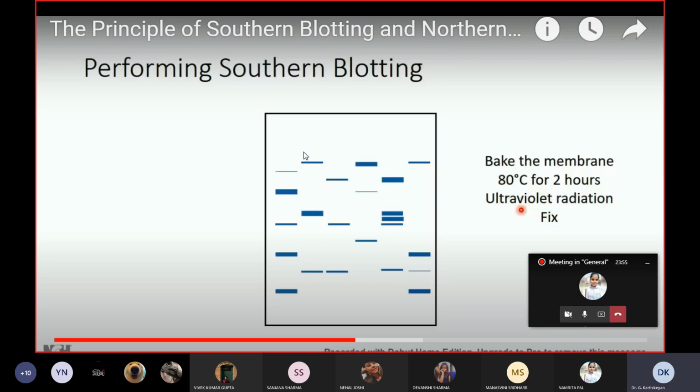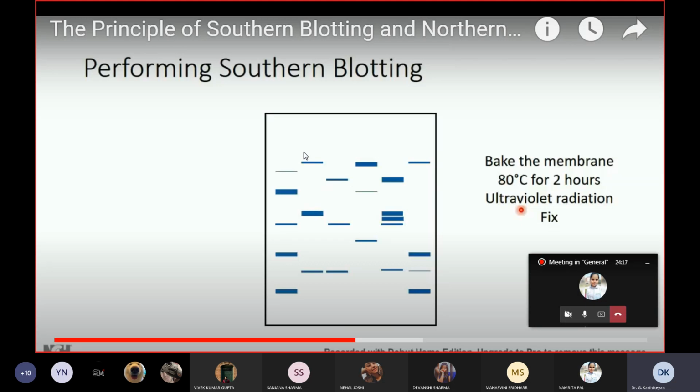So in order to immobilize it, people do two things. One is to bake the membrane at 80 degrees centigrade for about 1 to 2 hours. Some people do even shorter times, or you can simply expose the nylon or nitrocellulose membrane to ultraviolet light.